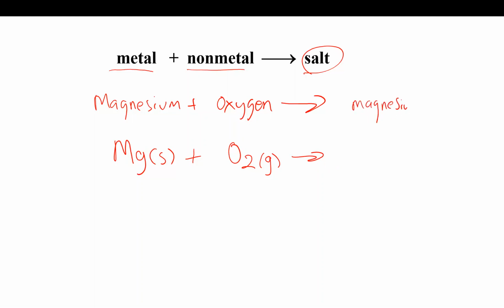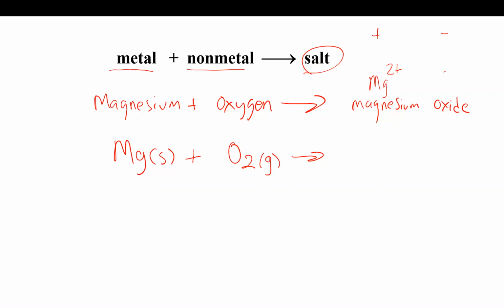magnesium oxide. So we have to look at the charges, because when I have metals and nonmetals combining, they form positive and negative charges. So we got to figure out those charges. So magnesium, group 2, is a 2 plus.